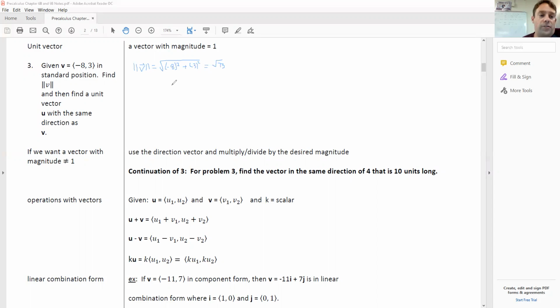A unit vector is a vector that is 1 unit long. So if I wanted to figure out how to make this 1 unit long, it's actually not too bad. All you've got to do to make a unit vector is you take whatever the components are, and you're going to divide it by the magnitude of whatever vector you were currently looking at.